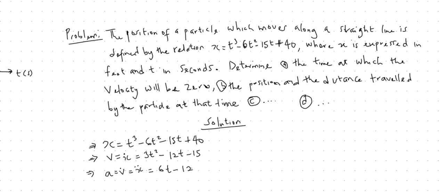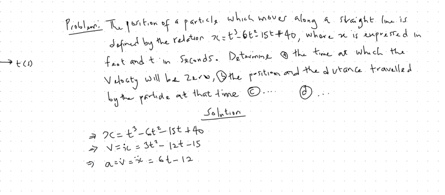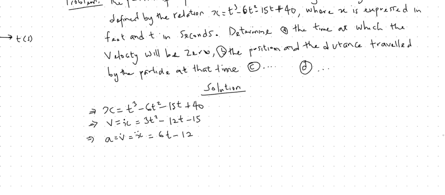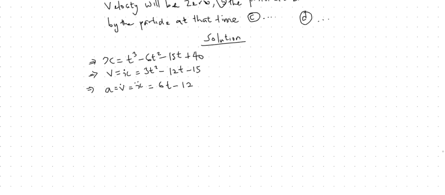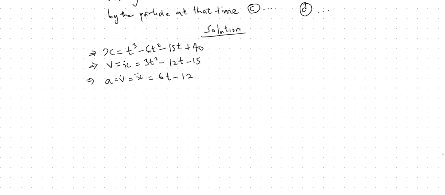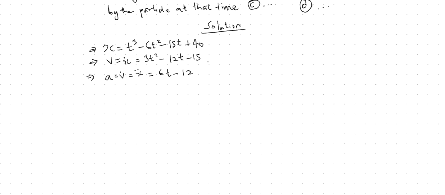Now, the A part of the question says the time at which velocity will be 0. The question is straightforward, right? The time at which the velocity is equal to 0. Let's say this is equation 1, this is 2, and this is 3. So from equation 2, we have gotten the velocity, and we should get the time when velocity is equal to 0.